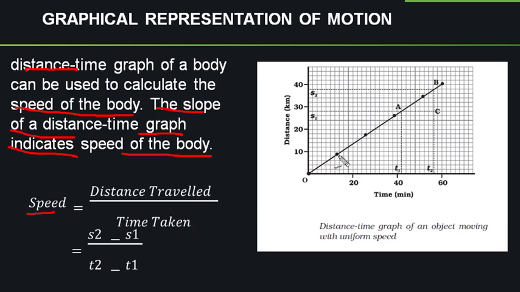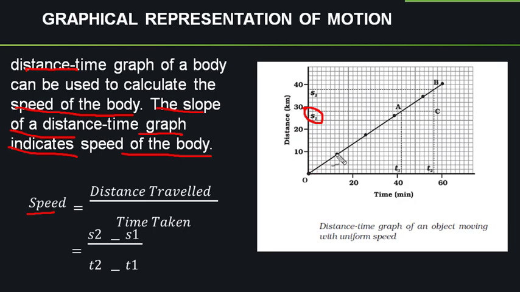So for example, let's take the points O to A and then to B. This car travels with a distance and time on this graph. If you plot this point on the y-axis, this is S1.